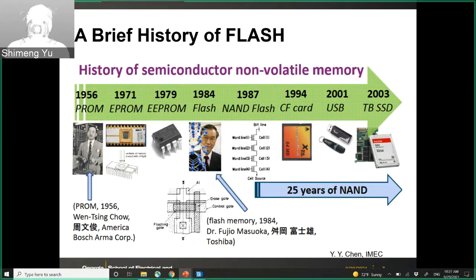You can erase the whole block simultaneously. This then drove the industry to volume production of flash between 1984 and 1987. There are two IEDM papers presented by Toshiba, by Dr. Fujio Masuoka. He is the inventor of flash technology. And then later we have all those products like SD card, USB, SSD, and so on.